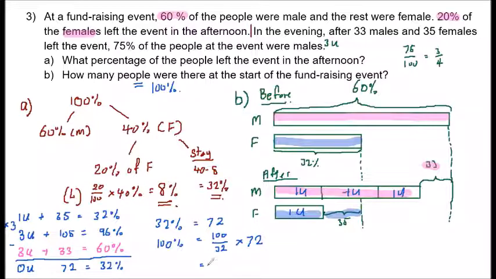Sorry, this is not 32, 96 minus 60 is 36. So 36 we can strike off with 72. It becomes 2 and 1. So the answer has to be 200.